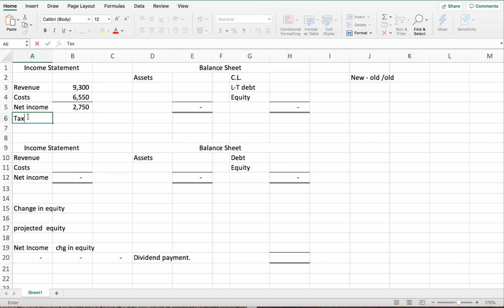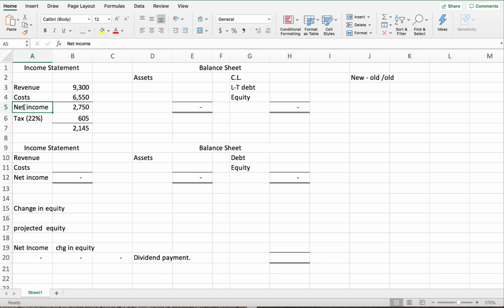They say the tax is 22%. Okay? In this case, taxes are $605. And net income minus taxes gives us $2,145.